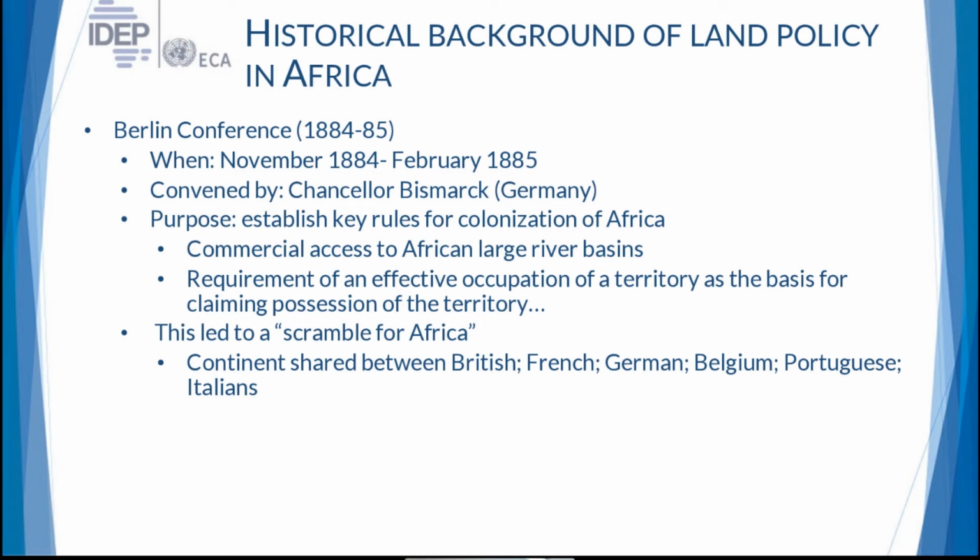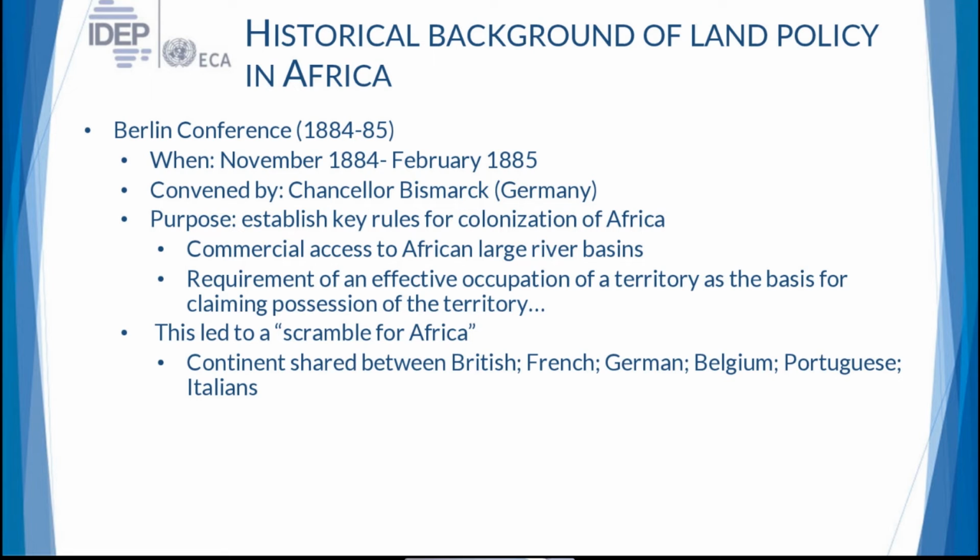After this rule was set at the Berlin Conference, Africa experienced what was called the scramble for Africa. And the continent was shared between different colonial powers, including the British, the French, the German, the Belgian, the Portuguese, the Italians. And you can see that the most powerful colonial powers were mainly the British and the French.